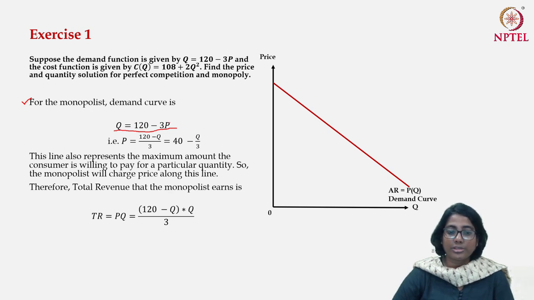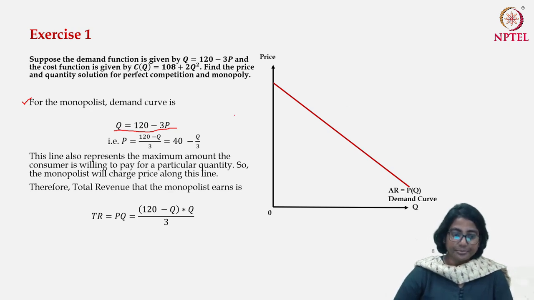Just by changing sides, we can write that 3P is equal to 120 minus Q, and therefore P is equal to (120 minus Q) by 3. So this gives us P equal to 40 minus Q by 3. This is the equation of this particular line.